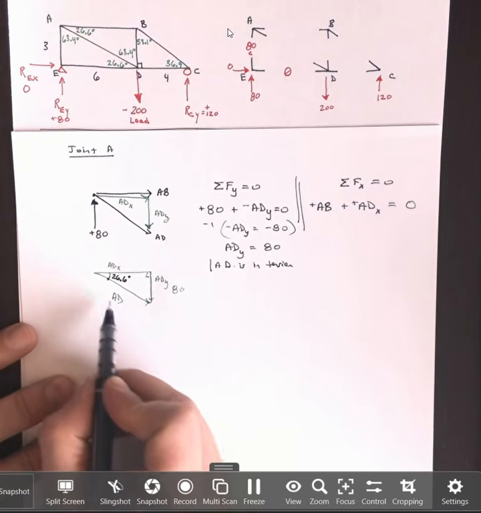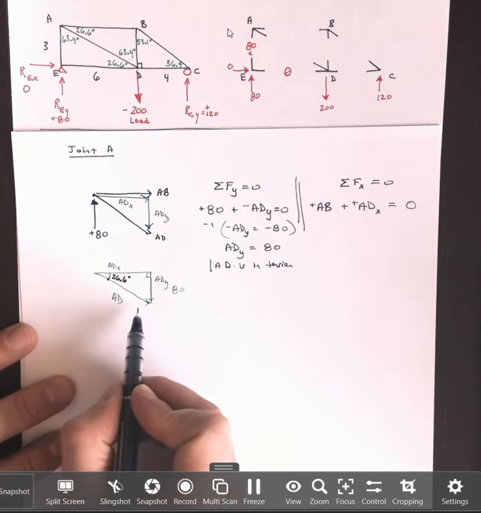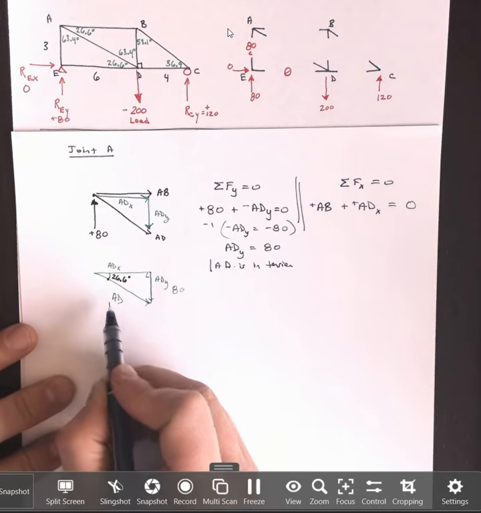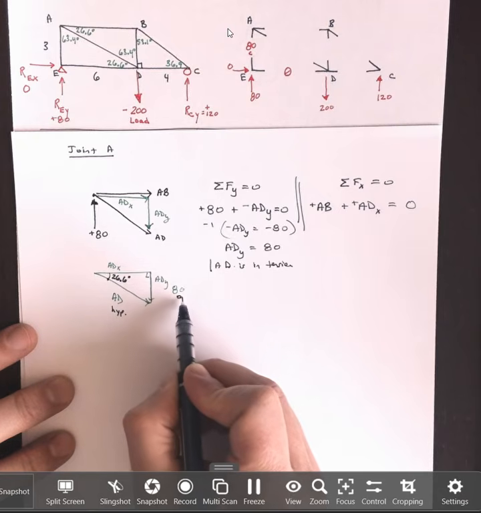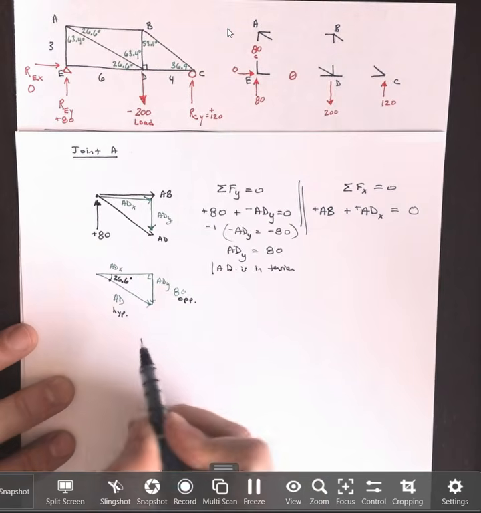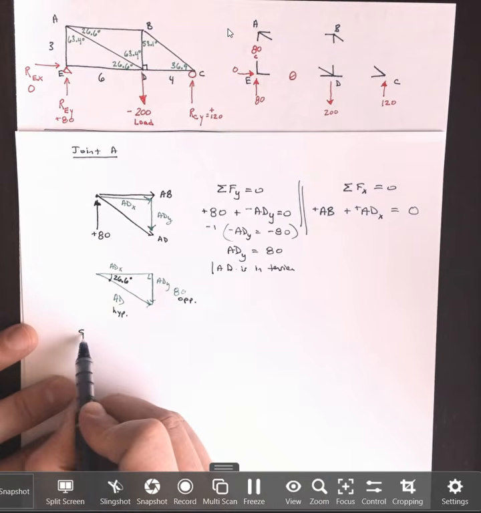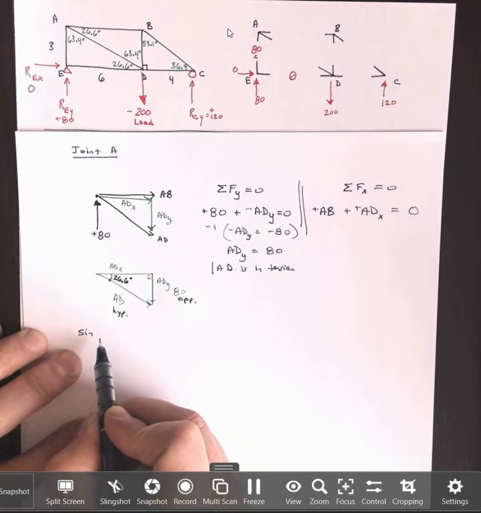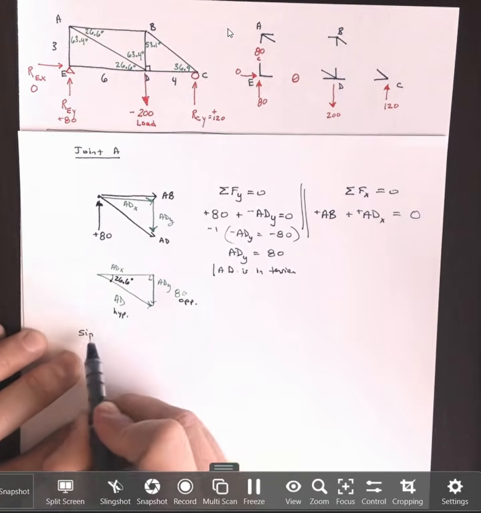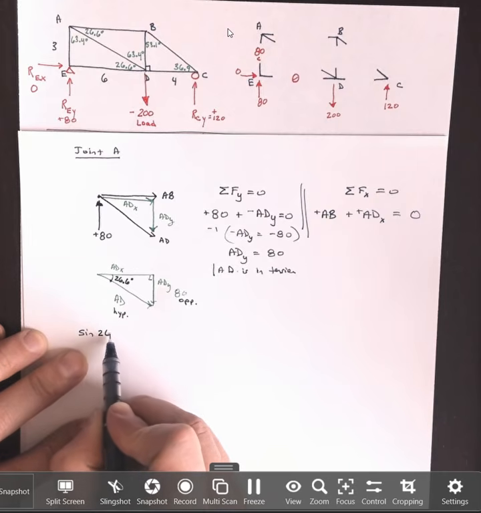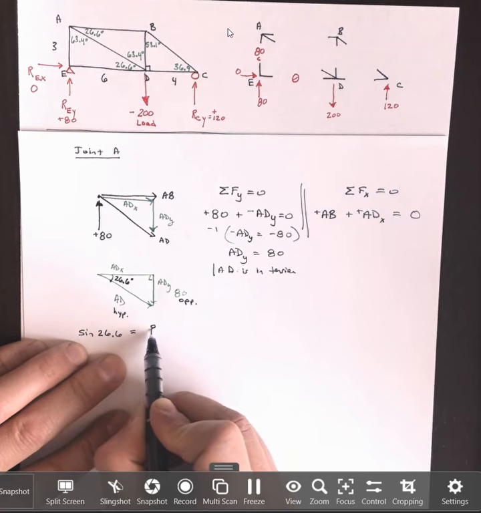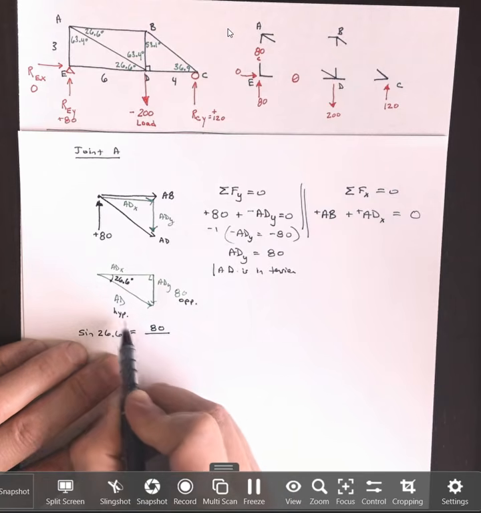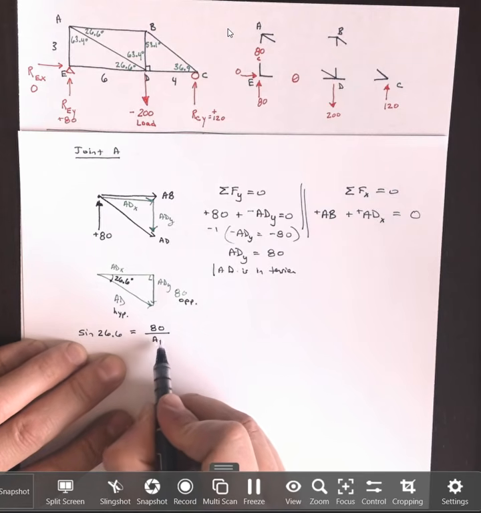So let's get this actual member of the truss, AD. That is the hypotenuse of this right triangle, and ADY is the opposite leg relative to that 26.6. Sine is the ratio that uses the opposite leg and the hypotenuse. So we're going to say sine of 26.6 is equal to the opposite leg, which is 80, divided by the hypotenuse, which is the unknown, AD.